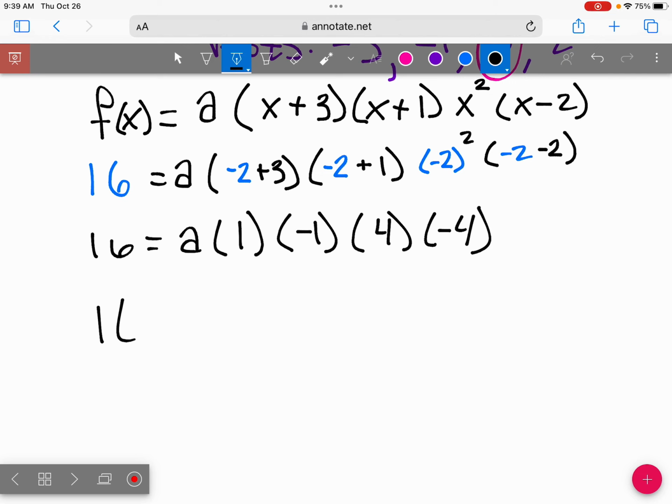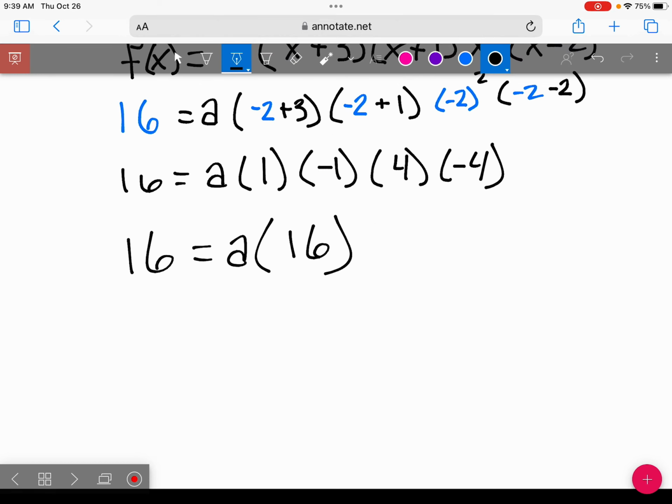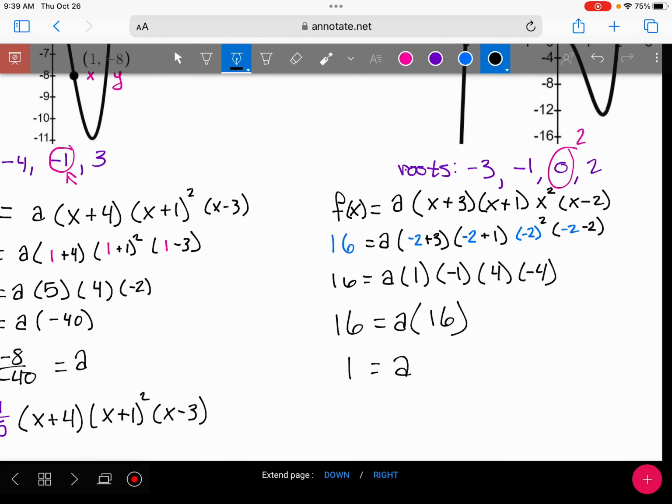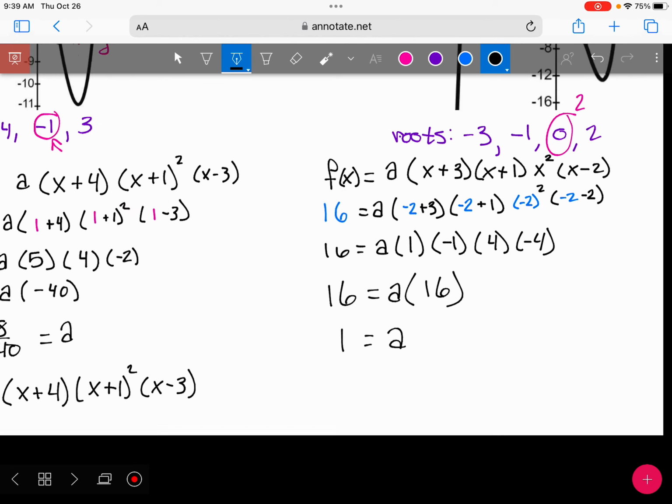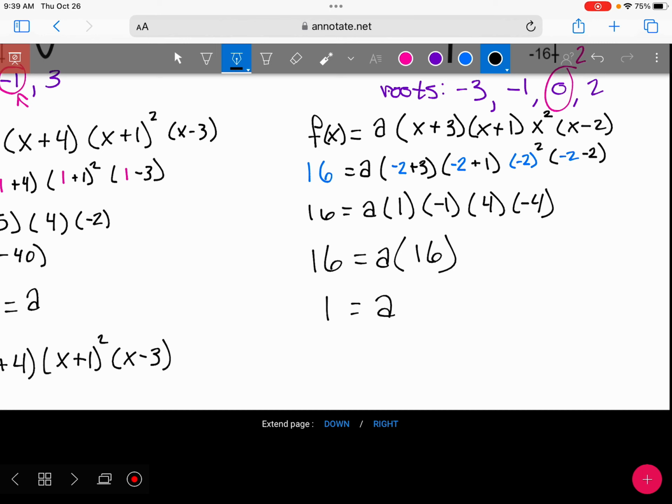So we get that 16 equals A times what? 16. So what is A? 1. A can be 1. We just have to be able to prove that it's 1. We can't make the assumption. So we're going to substitute it in so that we have our proper equation.